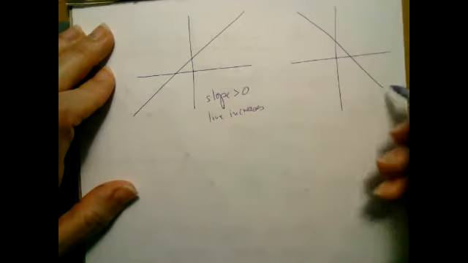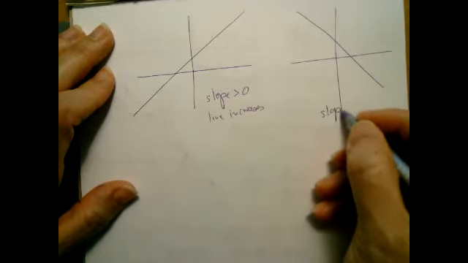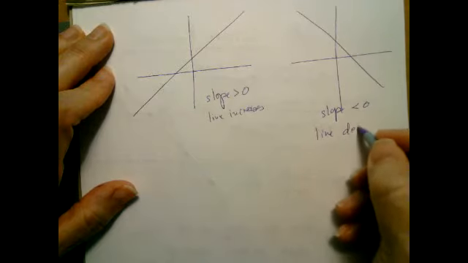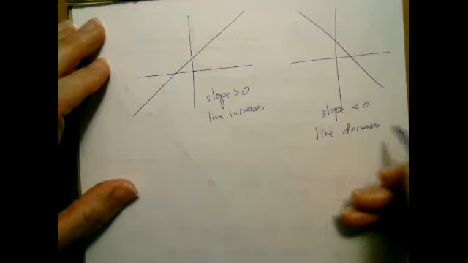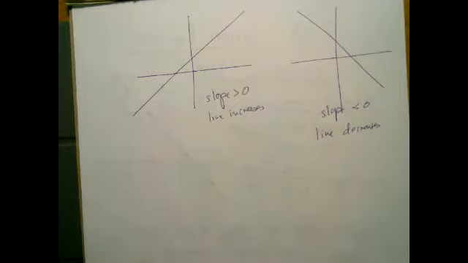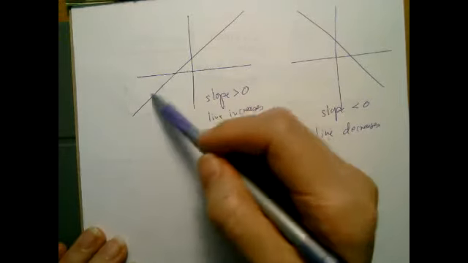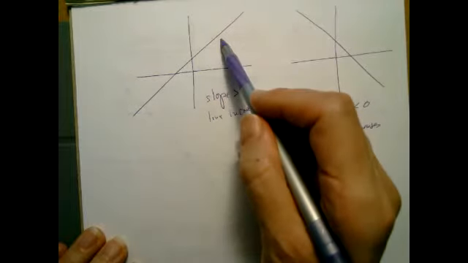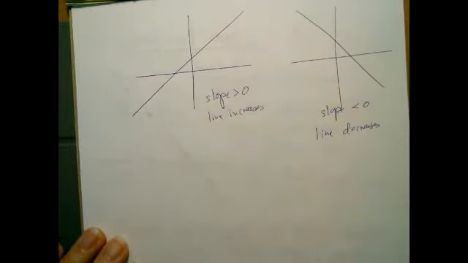If the line decreases, the slope is negative. So at least we know whether my slope is going to be positive or negative, whether when x is increasing, the values of y are increasing, or whether they are decreasing.